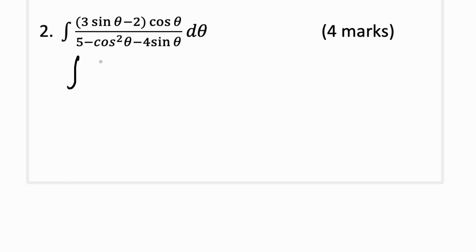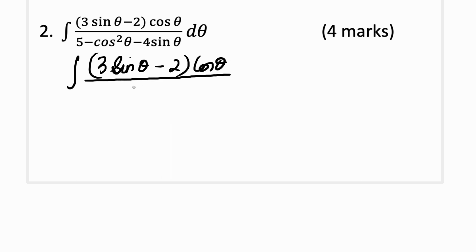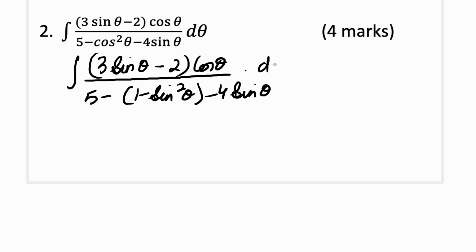For this, we will take 3 sin theta minus 2 cos theta, and for the denominator we will write 5 minus 1 minus sin square theta minus 4 sin theta d theta.